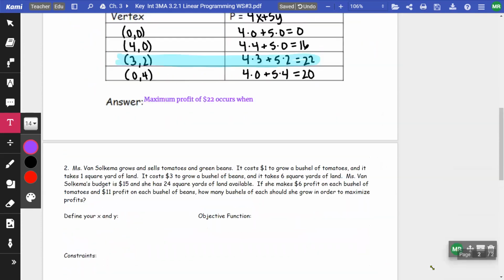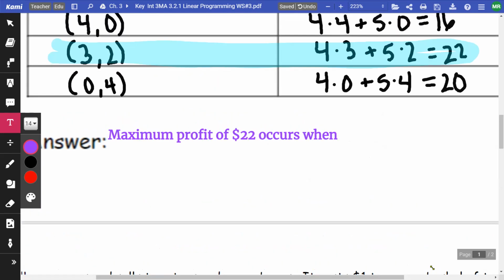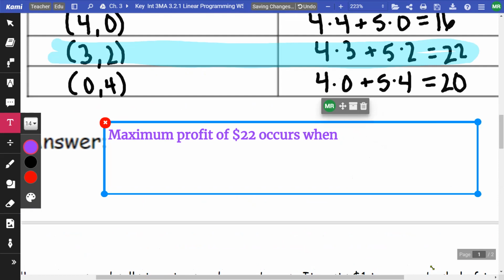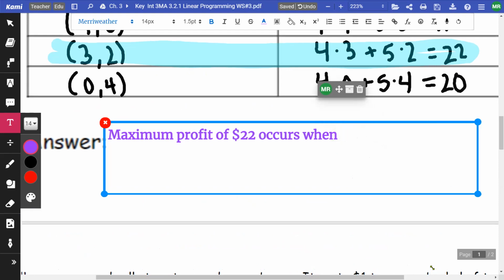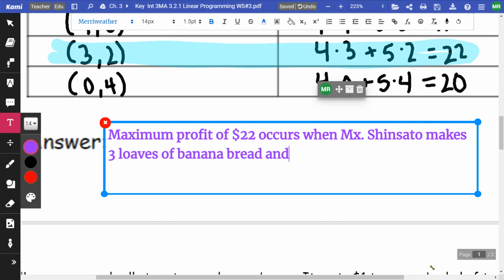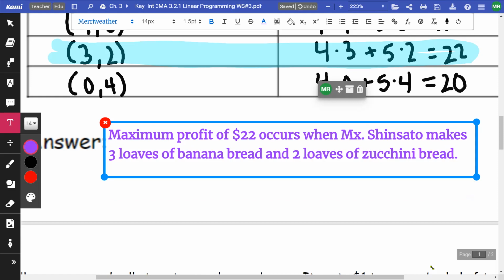Miss Shinsado. Occurs when Miss Shinsado makes 3 loaves of banana bread and 2 loaves of zucchini bread.